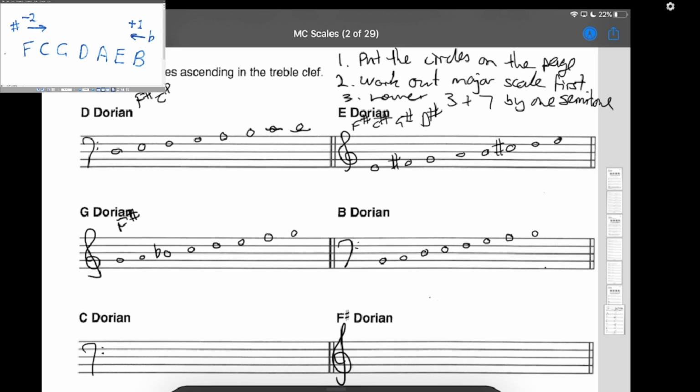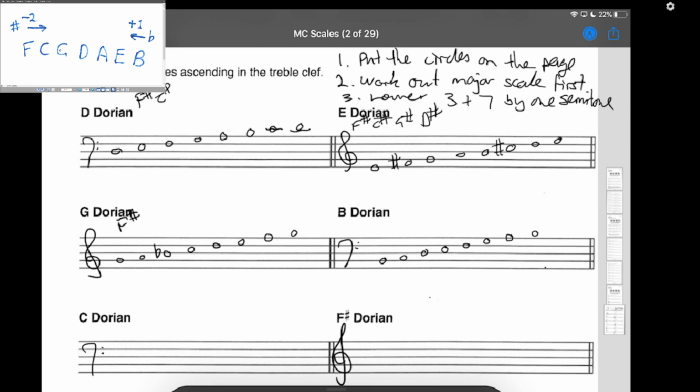So again, we'll start from the left hand side, moving right, because we know that B major is a sharp scale. A reminder, the flat scales all have a flat in their name except for F major. So we're working out B, so let's go from the left across to the right, go all the way to B, take away 2.